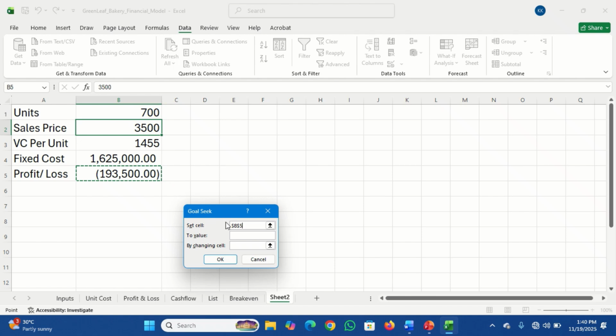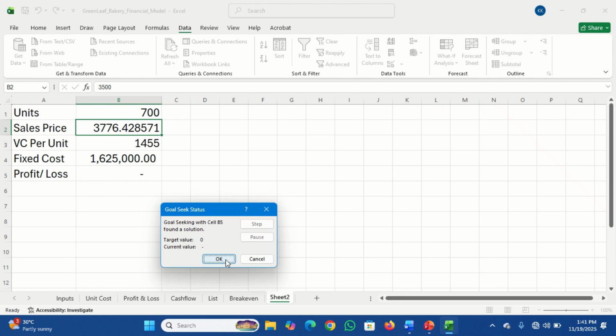We are setting it to a value of 0, because we are trying to get the break even. By changing the price, the cell we are going to change is the price. So you notice here we set the profit and loss cell, which is cell B5, to 0 by changing the cell B2. So we now click OK.